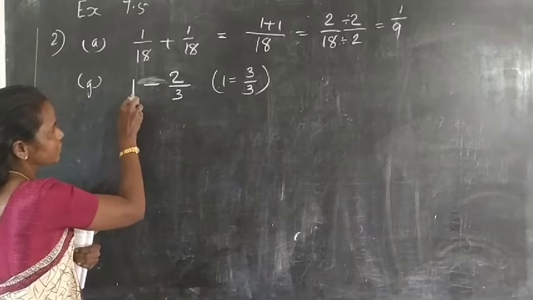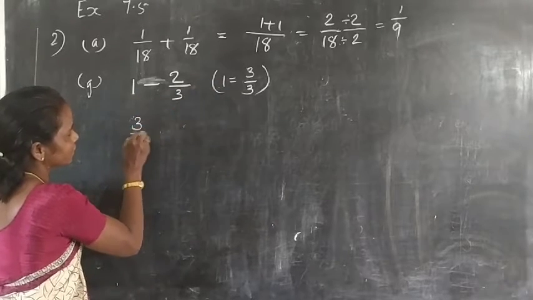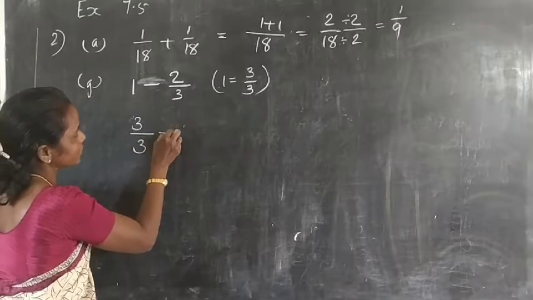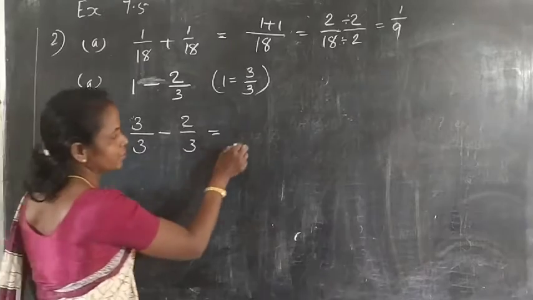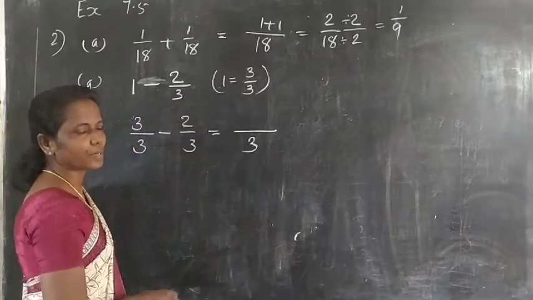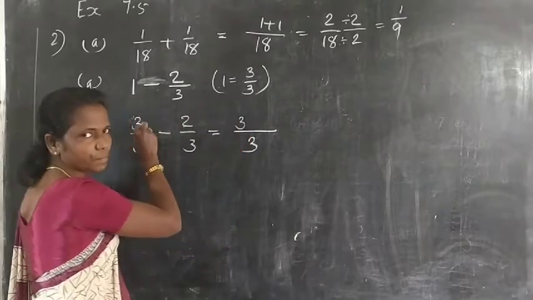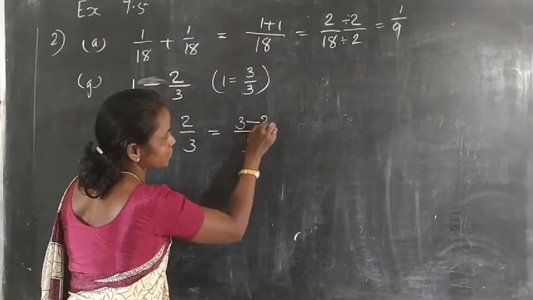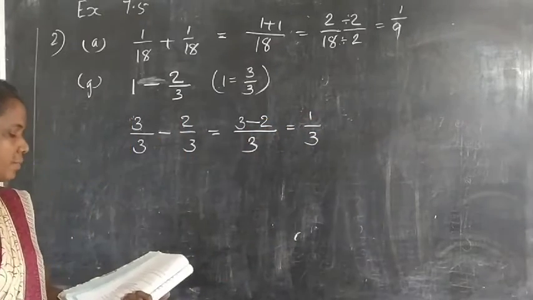So we can write it as 3 by 3 minus 2 by 3. Now look, the denominator is which number? The denominator is 3. Then subtract the numerators. 2 is subtracted from which number? 3. So 3 minus 2 is equal to which number? 1 upon 3.